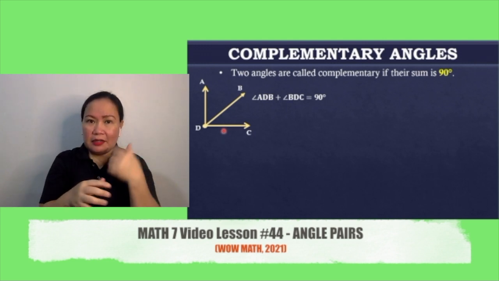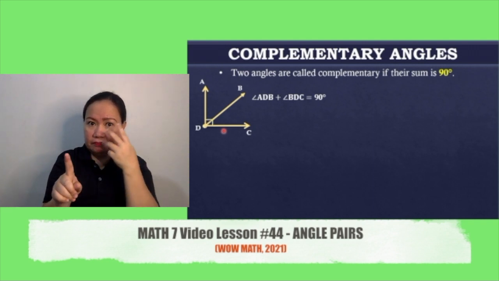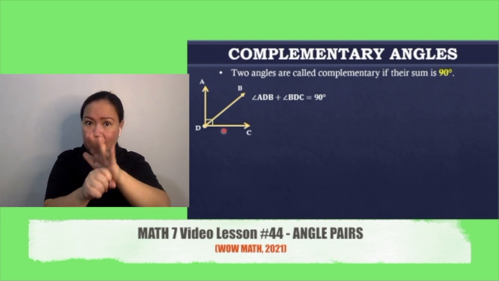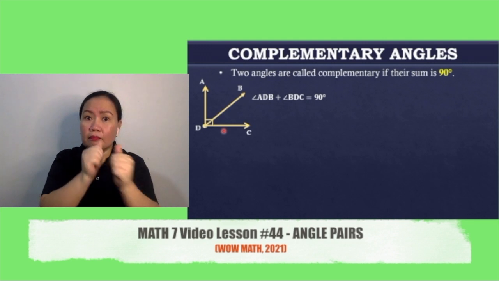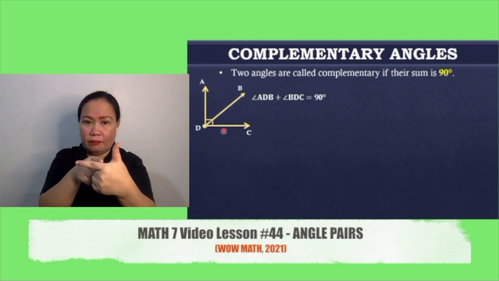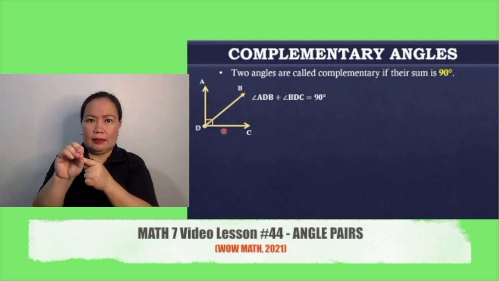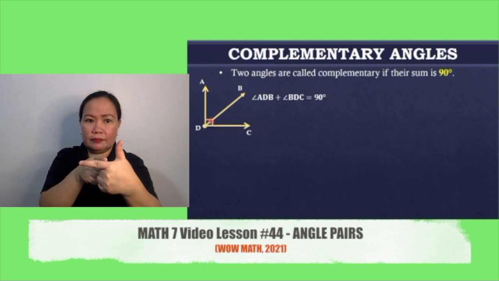So, even without the measure, if you see a symbol like this, which looks like a square, and this is what we call the foot, okay? So, when we see this symbol, this means that the measure of the angle is 90. Okay. So, this just means that from here to here, its measure is 90.